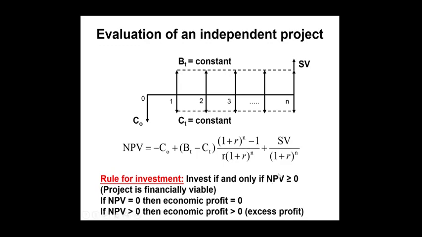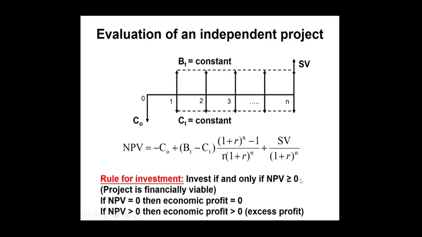Now, when the NPV is equal to 0, we understand that the project makes an interest rate equal to the minimum acceptable rate of return.